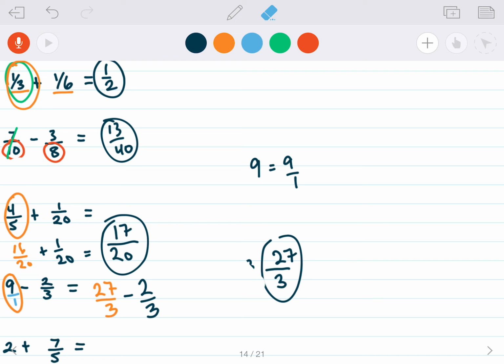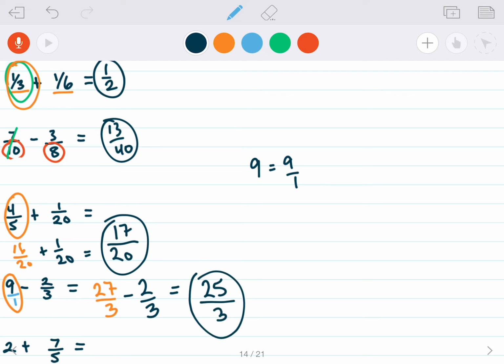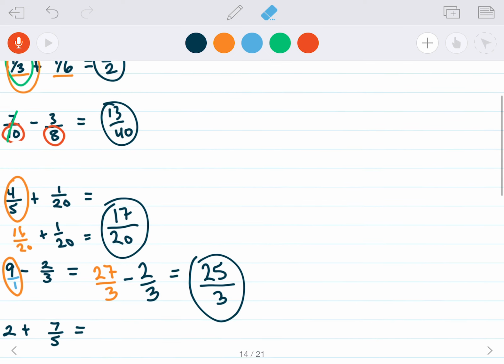Since they have the same denominator, we are in a position to subtract. To subtract these fractions, we subtract the numerators. 27 minus 2 is 25, over the same denominator. So our answer here is 25 over 3. Now this is an improper fraction, so we could write it as a mixed number if we wanted to, but I'll leave that as an exercise for you if you want to do that.